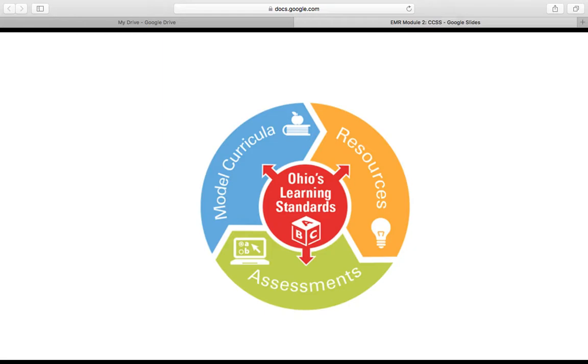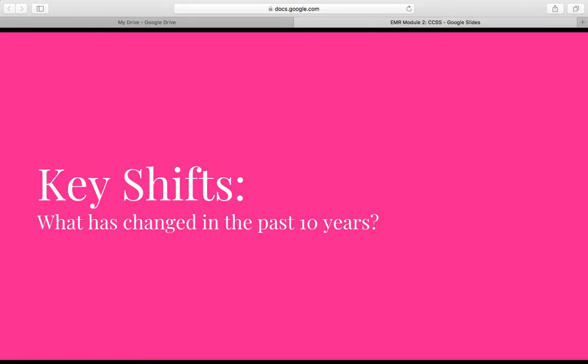And so the revised standards brought in some verbiage that allowed for that. However, substantively, the standards remain the same. While Ohio has created its own assessments, the assessments still continue to reflect the rigor and the expectations of the Common Core state standards.